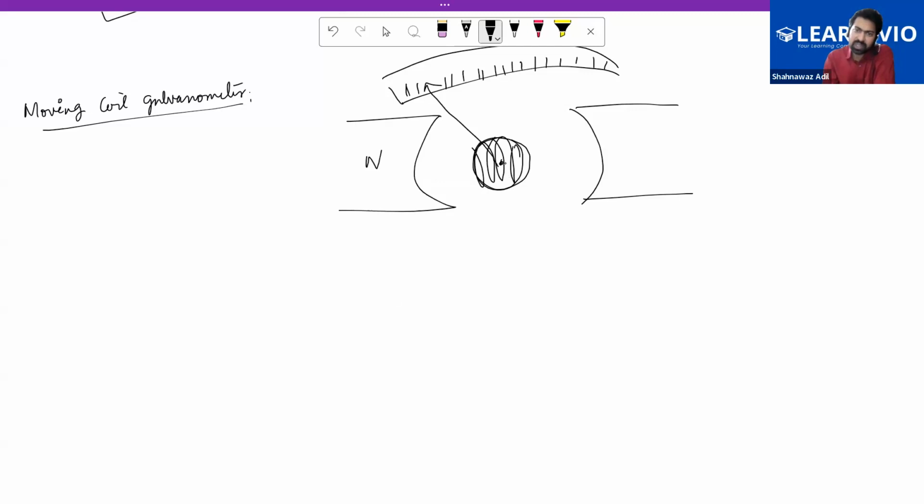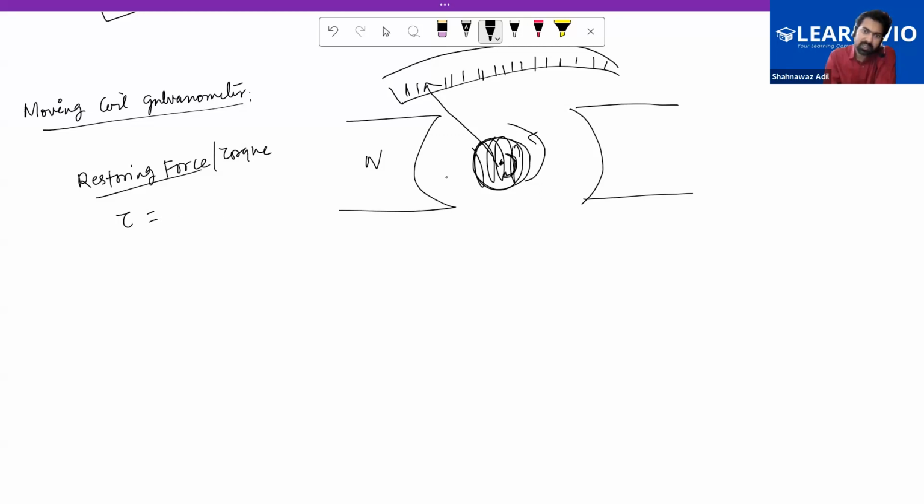If this spring rotates, there is a restoring torque in the opposite direction. If you rotate this spring, it will be deflected and it will again want to restore its position. So there is a restoring torque, and how much is that?